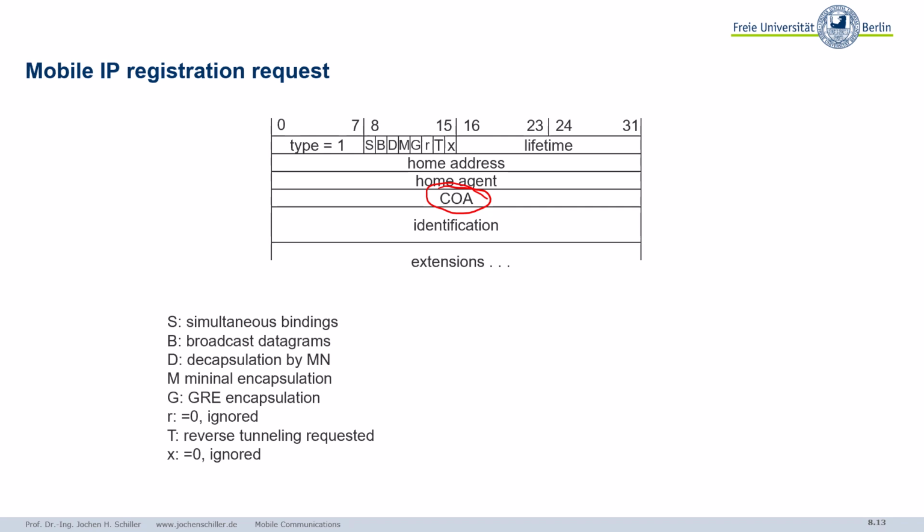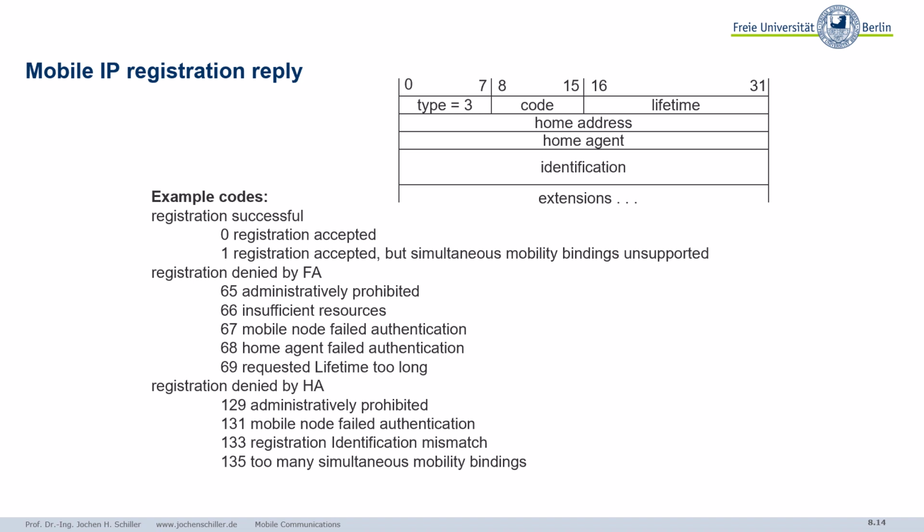So that's quite important. And again, some more fields, type of encapsulation, and if you want to receive broadcasts or not. Think of you traveling somewhere, do you really want to receive all the broadcasts in your subnet? Maybe if you're at home in the university network, yes, but if you're traveling, maybe no. And then your home agent will answer and will tell you, hopefully, everything is fine.